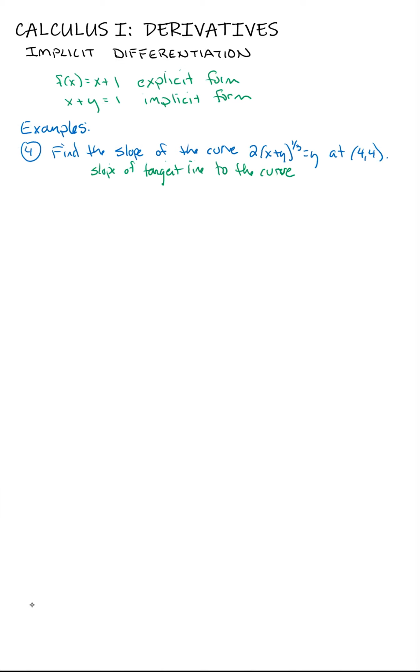Slope of the tangent, of course, means the derivative. We're trying to find dy/dx, and we'll evaluate that at the point (4, 4).